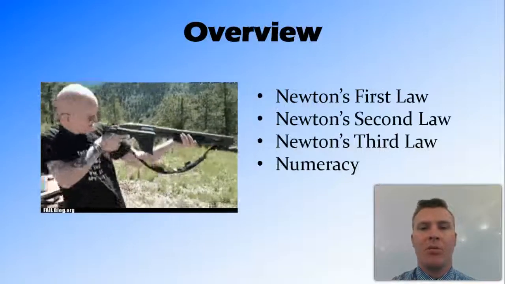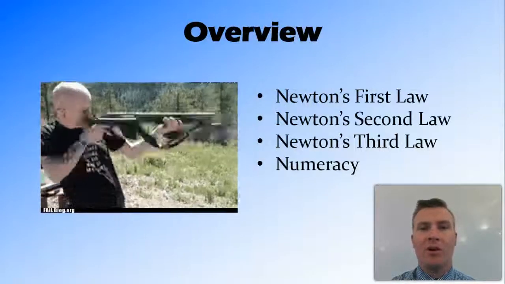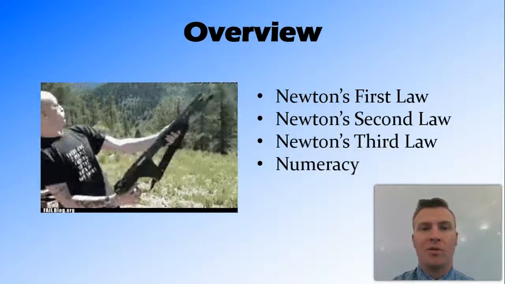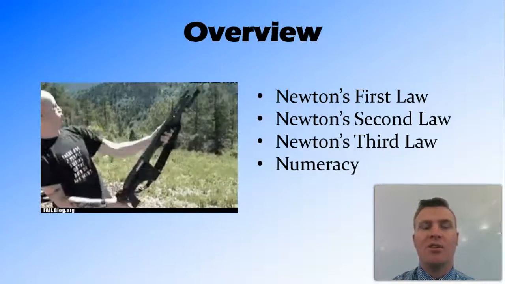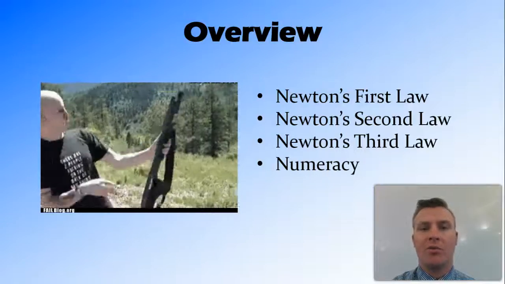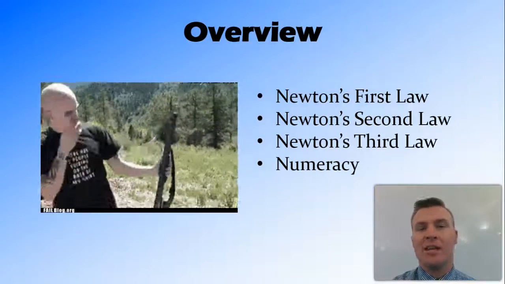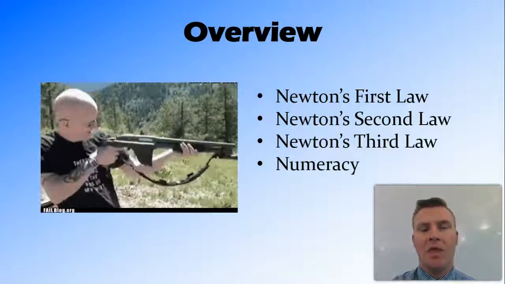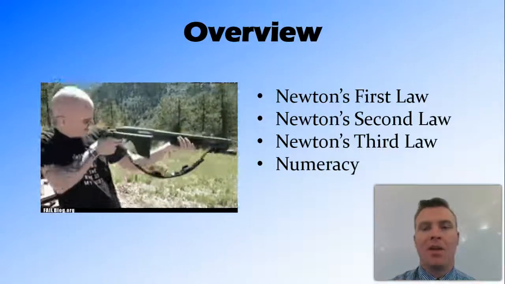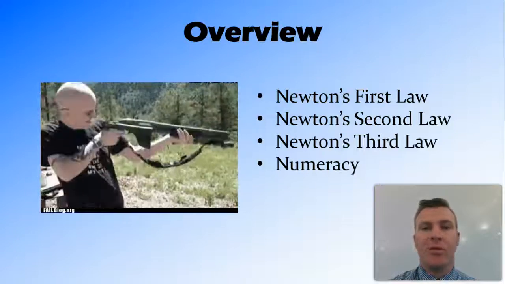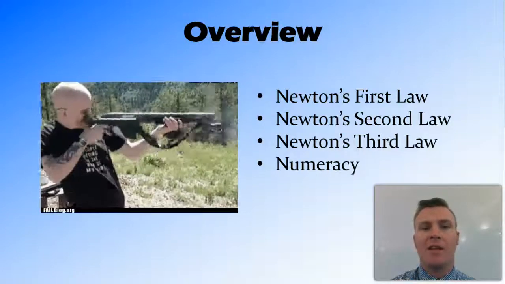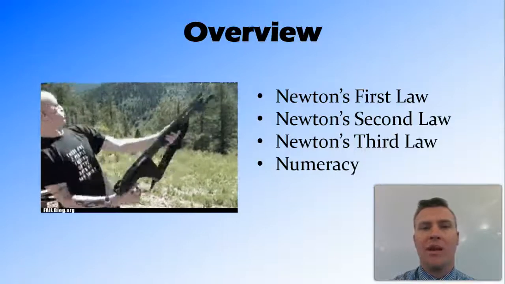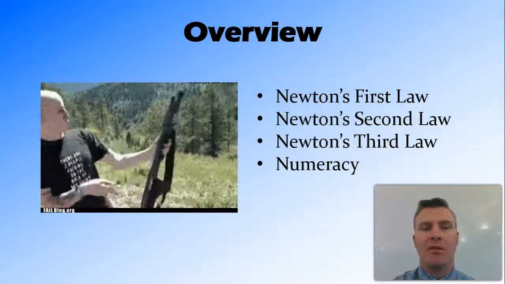In this video, we've looked at Newton's first law, being the law of inertia, that an object that is still will continue to be still, and an object that is moving will continue to move. We've looked at Newton's second law, that shows that acceleration is proportional to the force and the mass of the object. And we've looked at Newton's third law, stating that for every action force, there is an equal reaction force that occurs in the opposite direction.